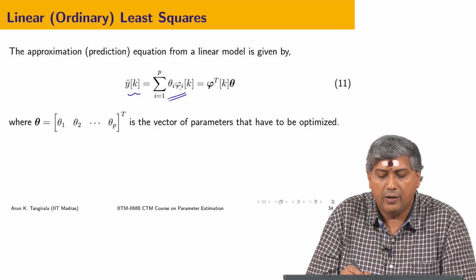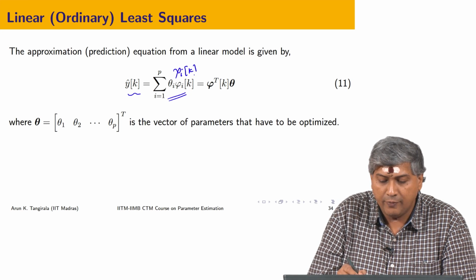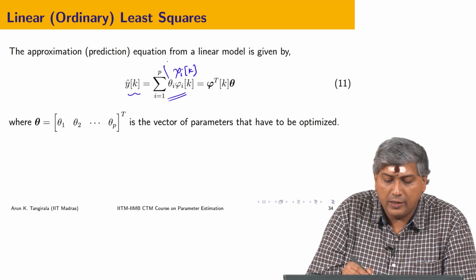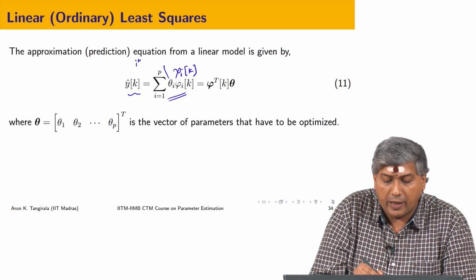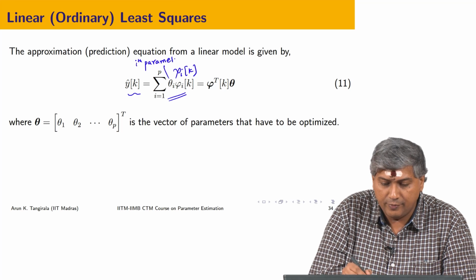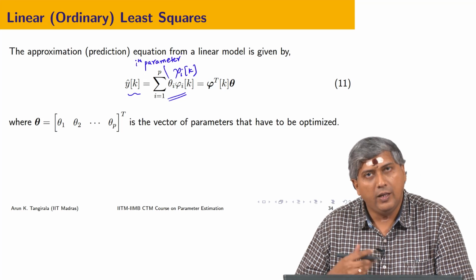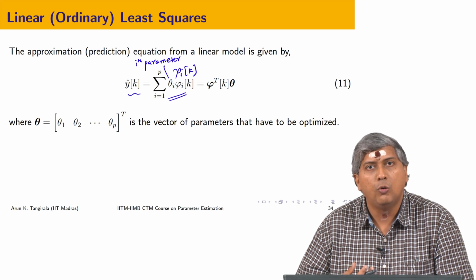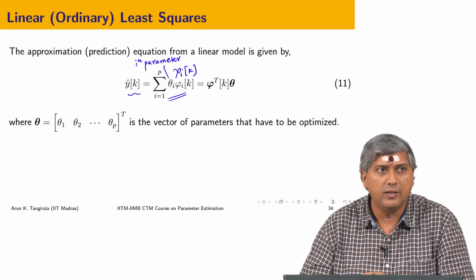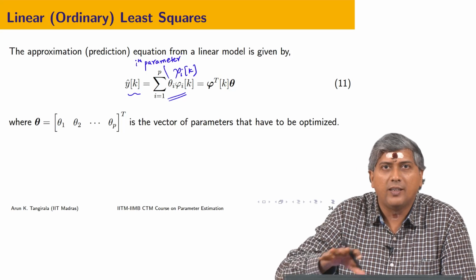We are saying there are p regressors, psi i k is the ith regressor, theta i is the ith parameter, that is the contribution of the ith regressor, and those are unknowns. Rather than saying unknowns, we will say those are our tuning parameters. We are going to tune these thetas in such a way that y hat is placed at a minimum squared distance from y.